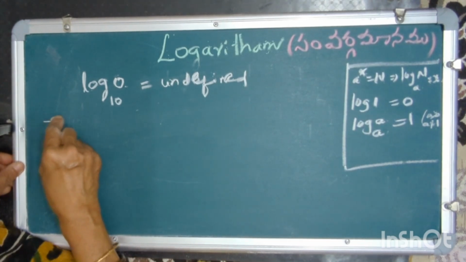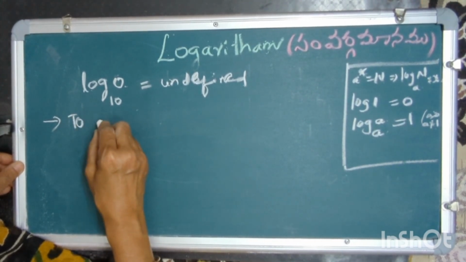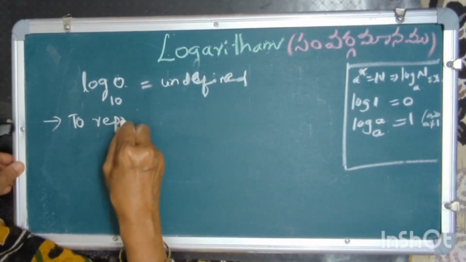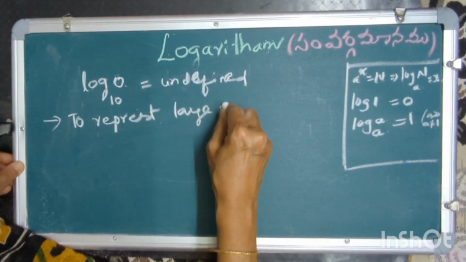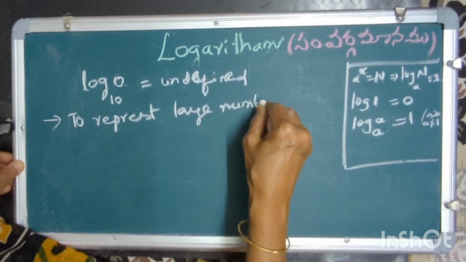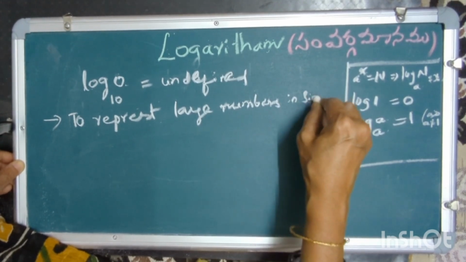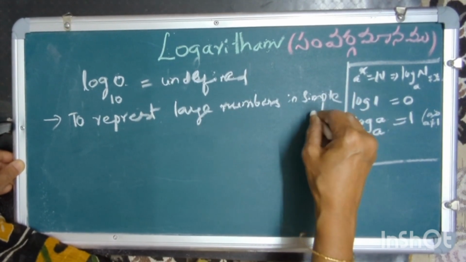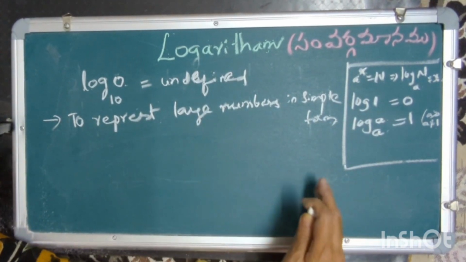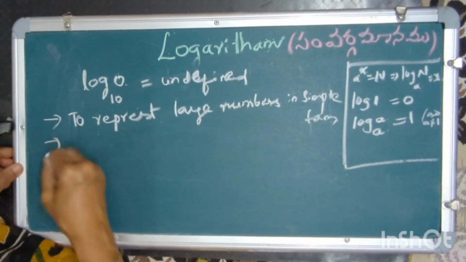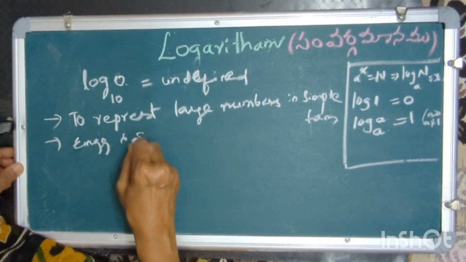And we use logarithms to represent large numbers in a convenient form. To represent large numbers in simple form, we will use logarithms. These are engineering applications and scientific applications.